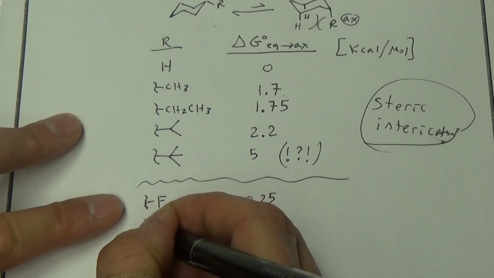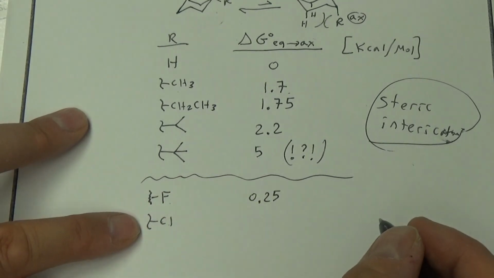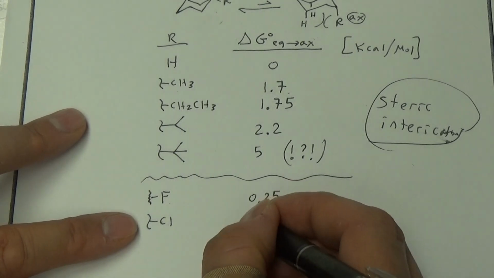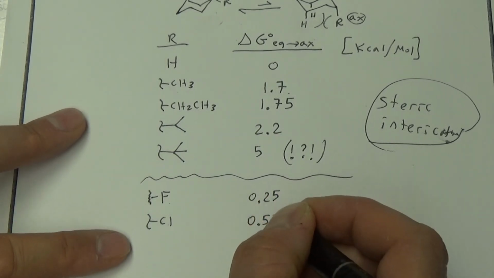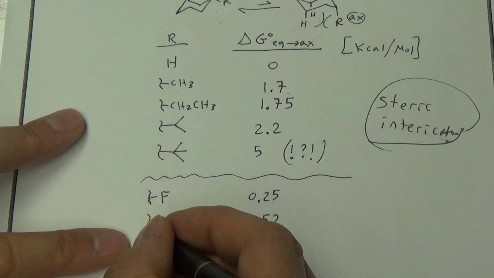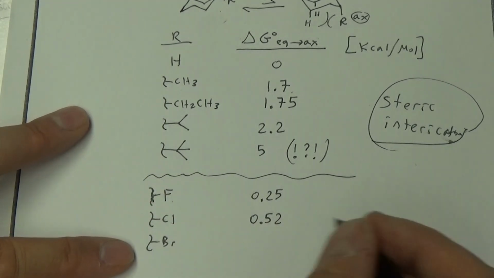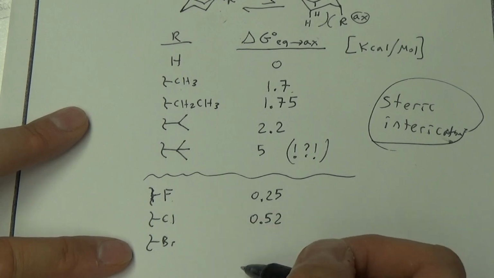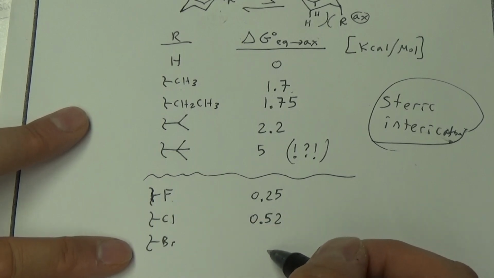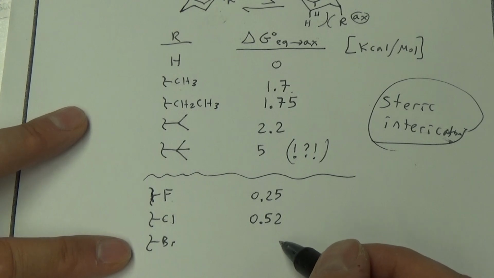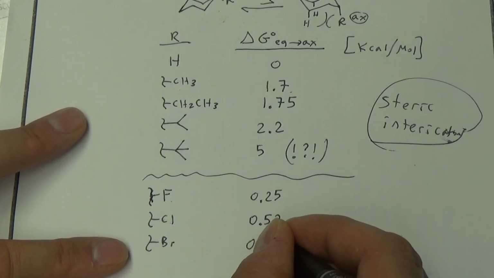And then a chlorine is also smaller than a CH3. It's 0.52. Bromine. Is that larger or smaller than a chlorine? It's a little larger, right? And is the number going to be smaller or larger? It's going to be slightly larger.